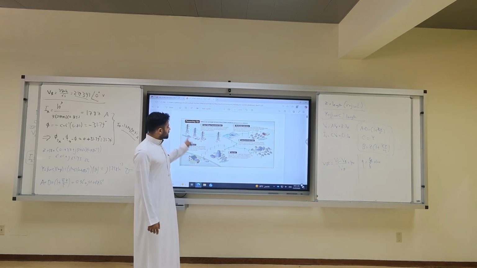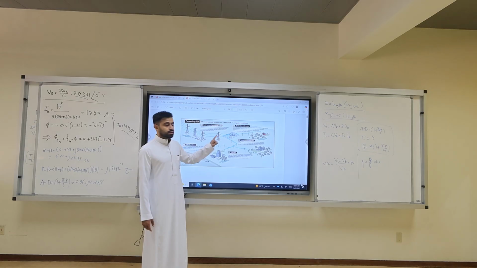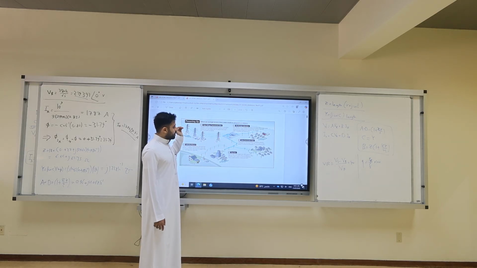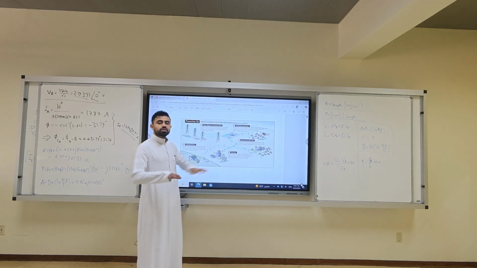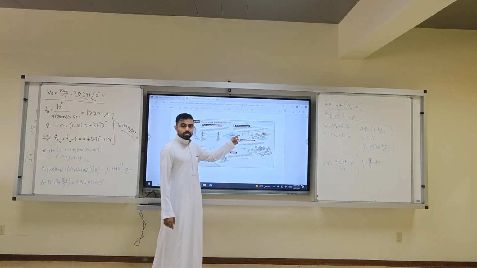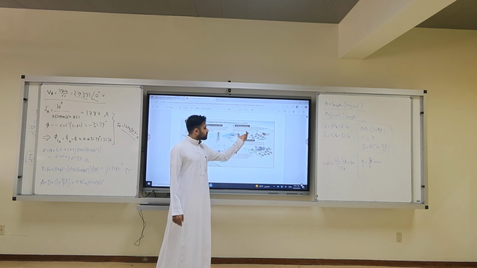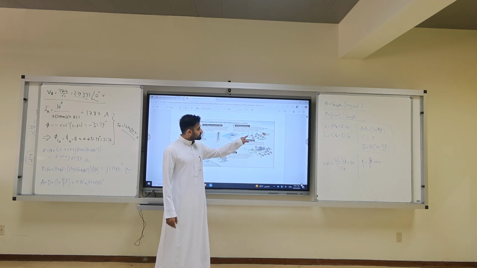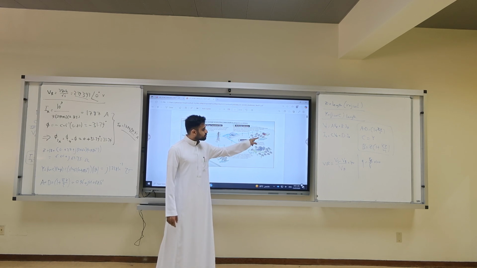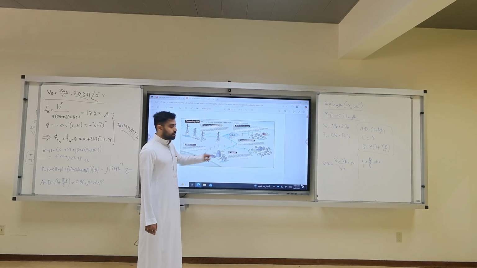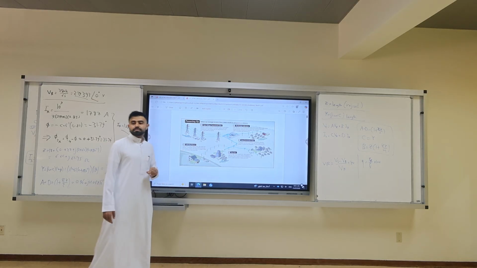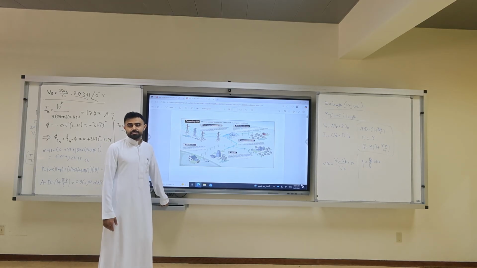So what is the difference? Here the circuit is easy to analyze. It's just line to line. Is distribution overhead or underground? Both. Some of them overhead, some of them underground. You can see here these are underground. Even a transmission, some of it is underground. Anything is possible.